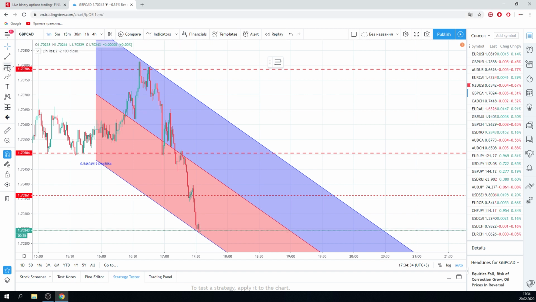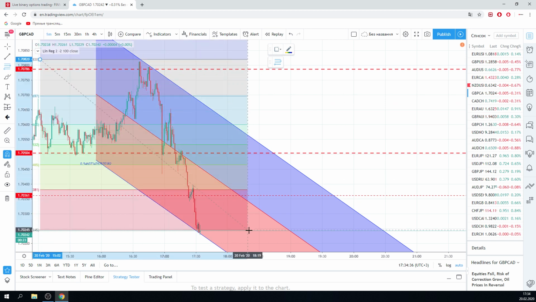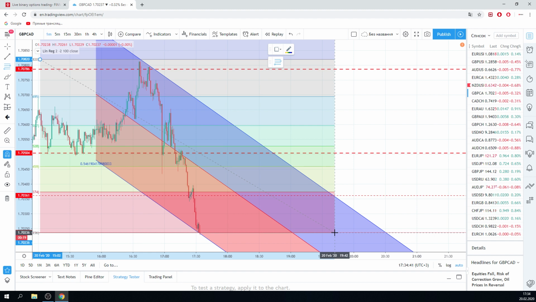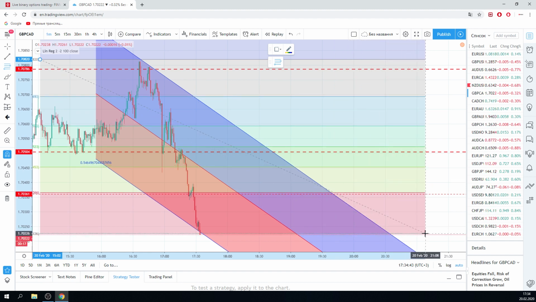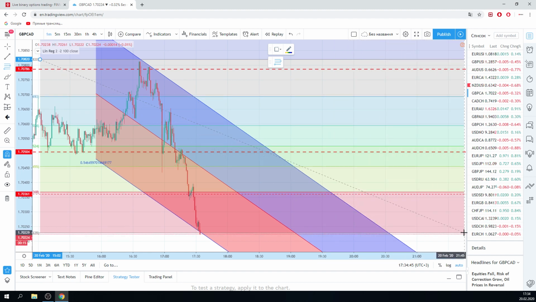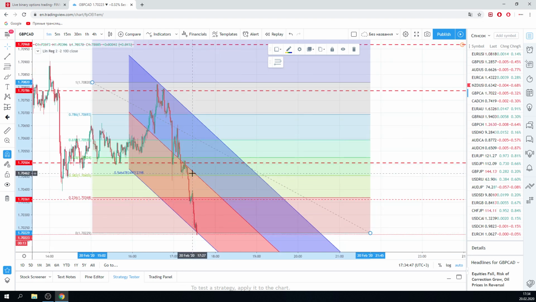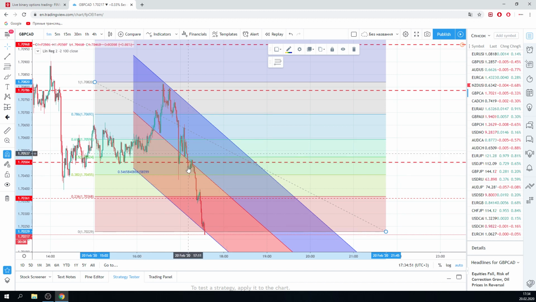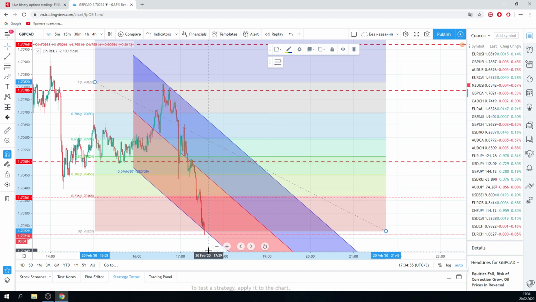So let us draw the Fibonacci and see if today the Great British Pound is following the rules of the Fibonacci or not. Okay, I can see that it's breaking the levels. Okay, but it's moving, guys, pretty well.